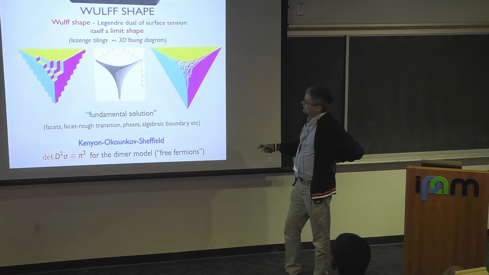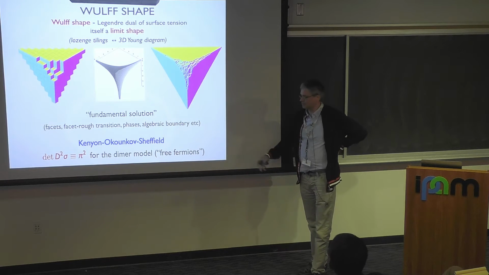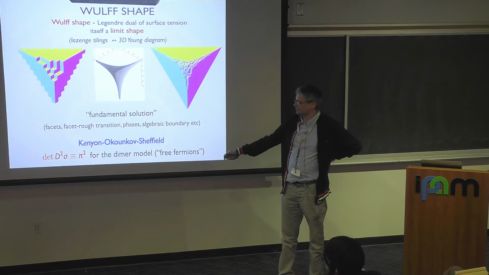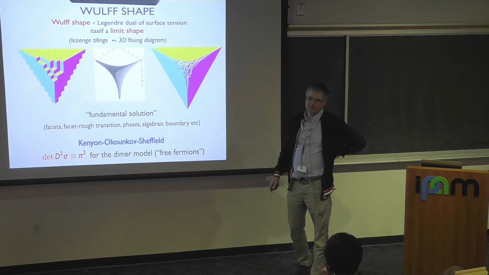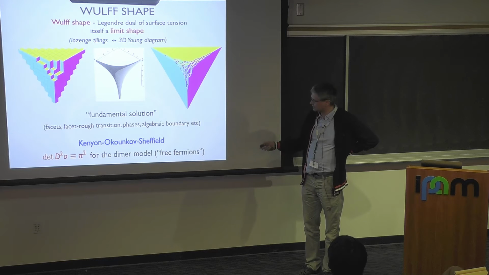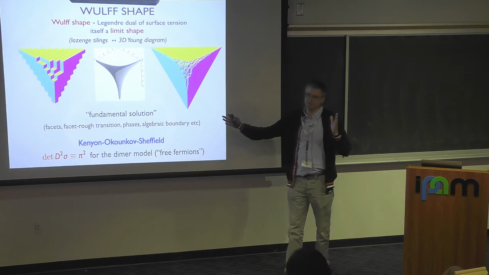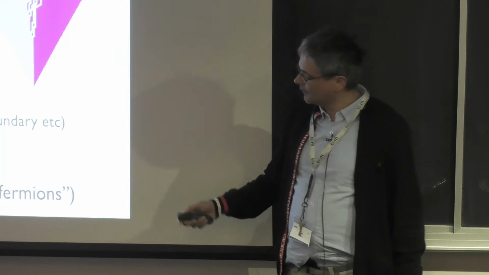The key property of the surface tension for the dimer model, or more generally for free fermionic models, is that the Hessian determinant is a constant. In the usual normalization, it's pi squared. This was shown for the dimer model by Kenyon-Okounkov-Sheffield. This is basically equivalent to the fact that the spectral curve is a Harnack curve.